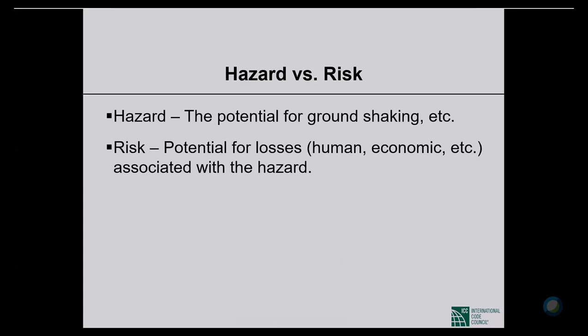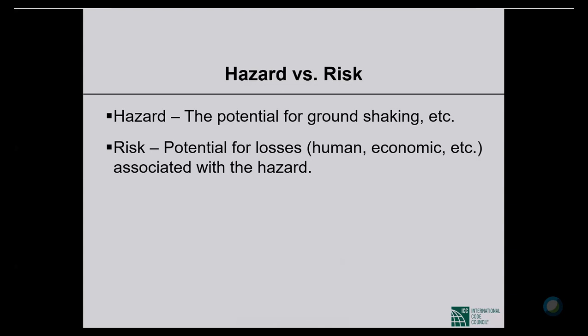So flood is a hazard. People dying of flood is a risk. Okay? And that tells you that earthquake risk depends on what type of structures we are looking at. If they're flimsy, the structures of shoddy construction, the risk is high in the same earthquake.